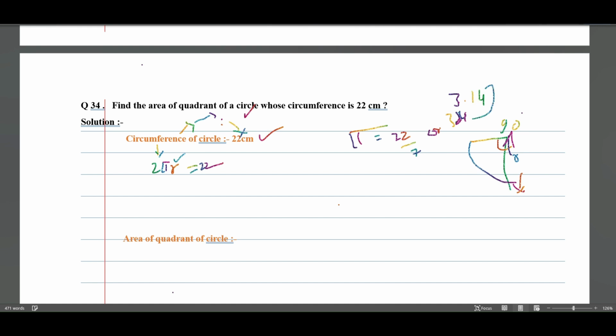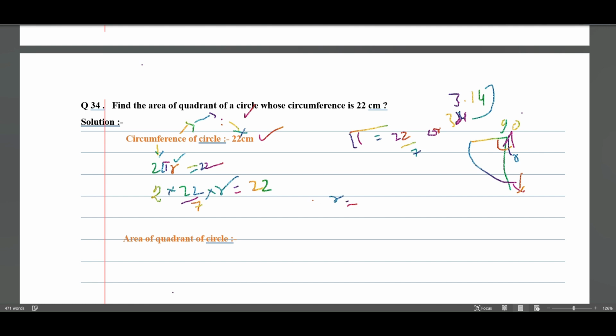Put the values here: 2 multiplied by pi, which we take as 22 by 7, into r will be equal to 22.